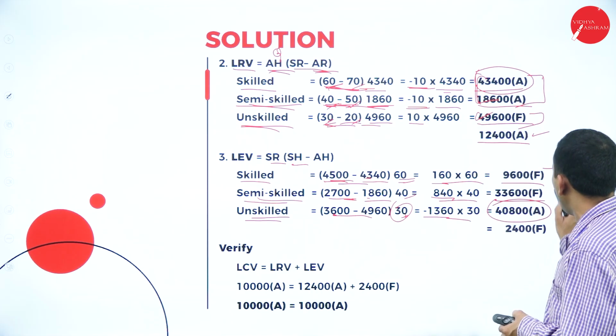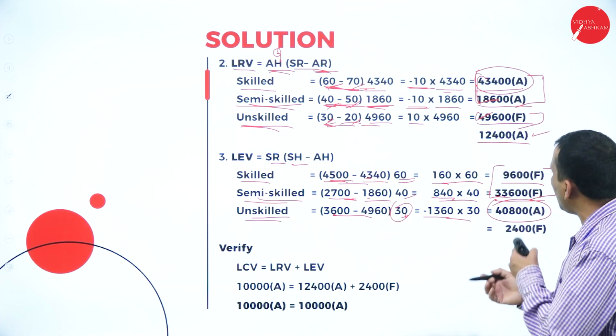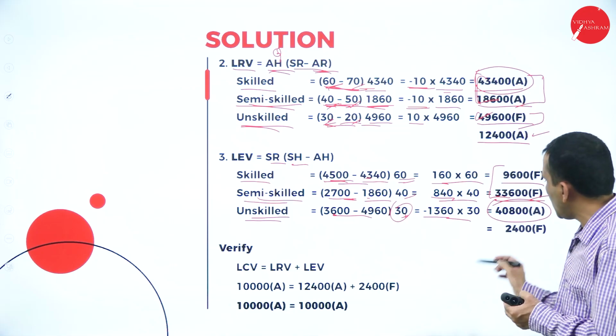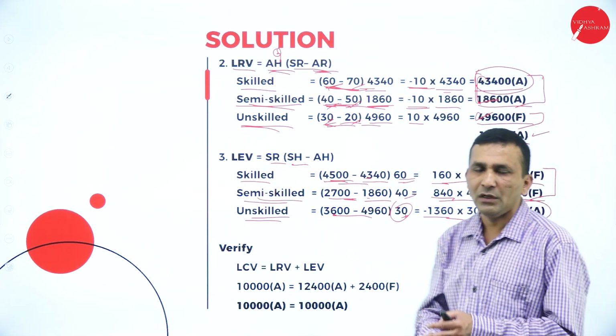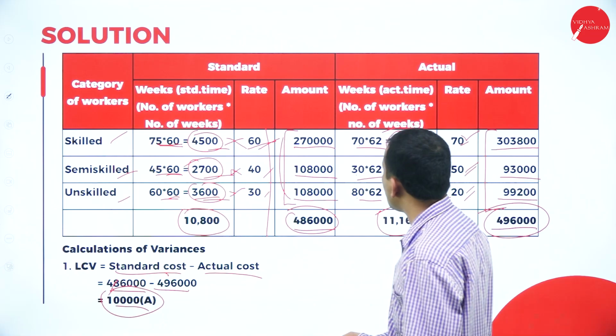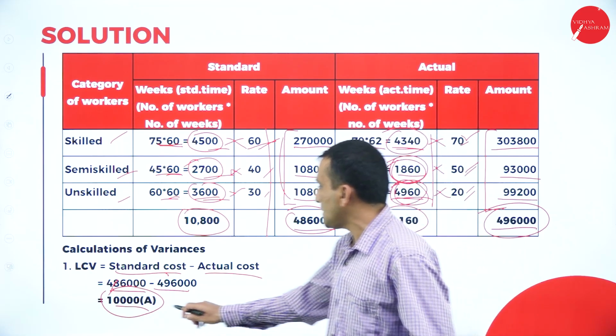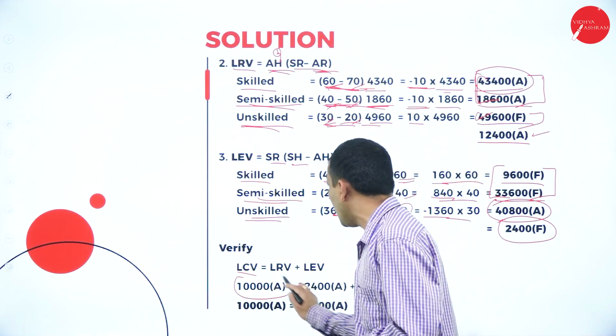So there are two favorable items only. After adding together, favorable is more compared to adverse, so obviously your answer is also favorable: 2,400 favorable. Now we need to verify here. Under material cost variance, we just calculated 10,000 adverse.